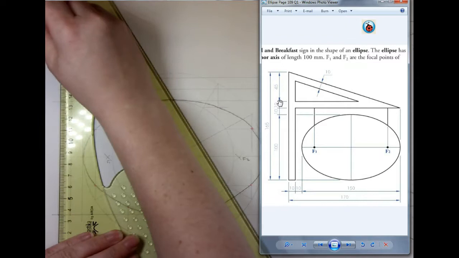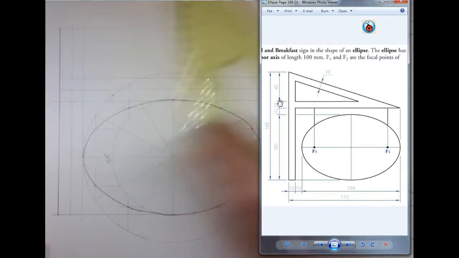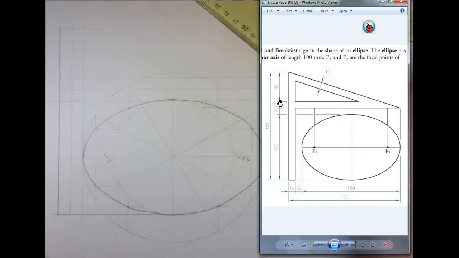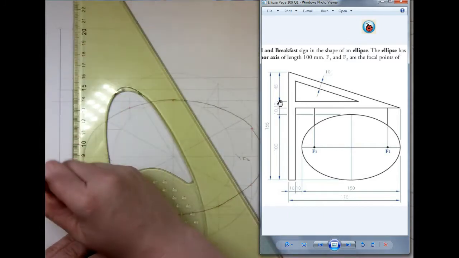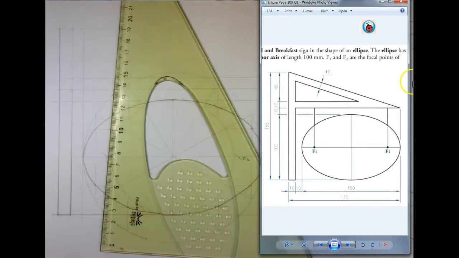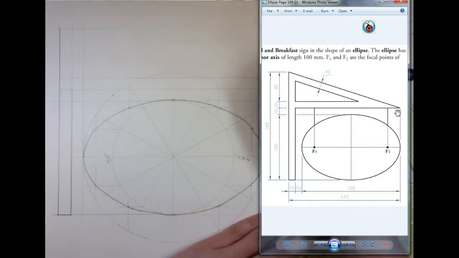And I'm going to draw this line here, vertically dark, comes up dark up to here. Now, this point here is the widest point of my major axis. I have to come up vertically from that, and that's giving me a point.